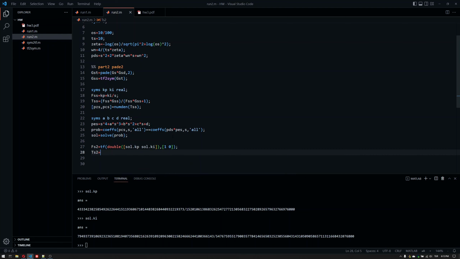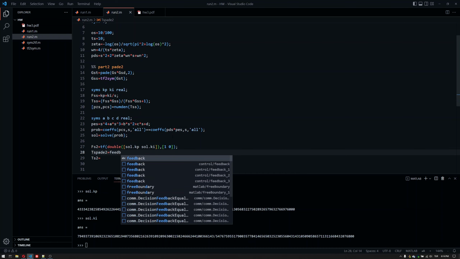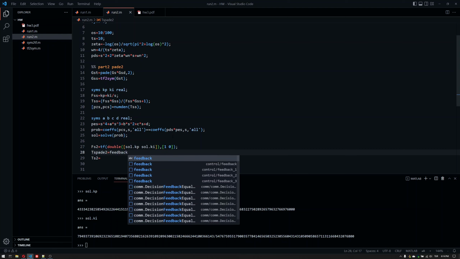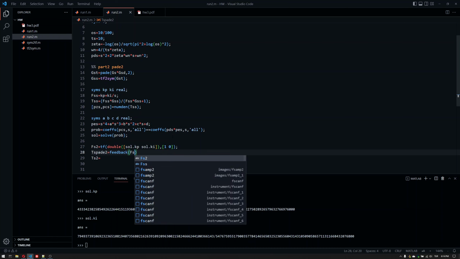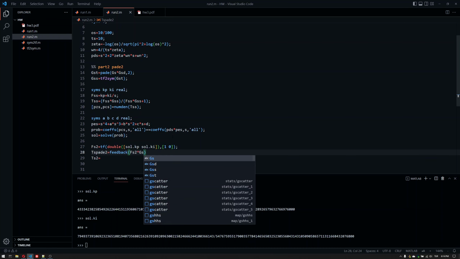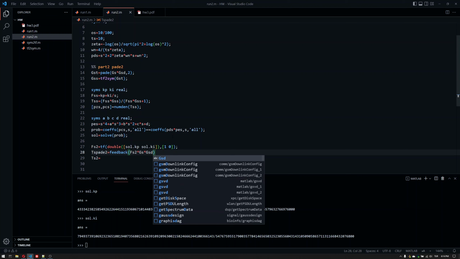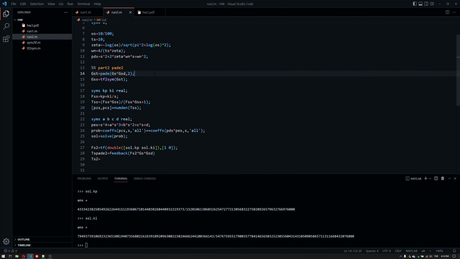Well, there are two different transfer functions. Let's call it ts Padé 2 and the other one. And the reason behind that is that we have basically a delay in our system. And if we use the delay here, GS times GS delay, so GS didn't change, I guess.